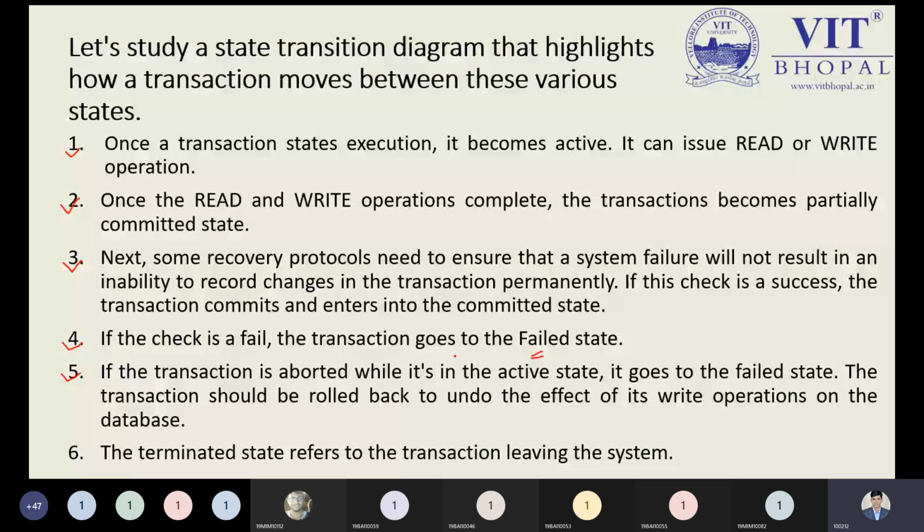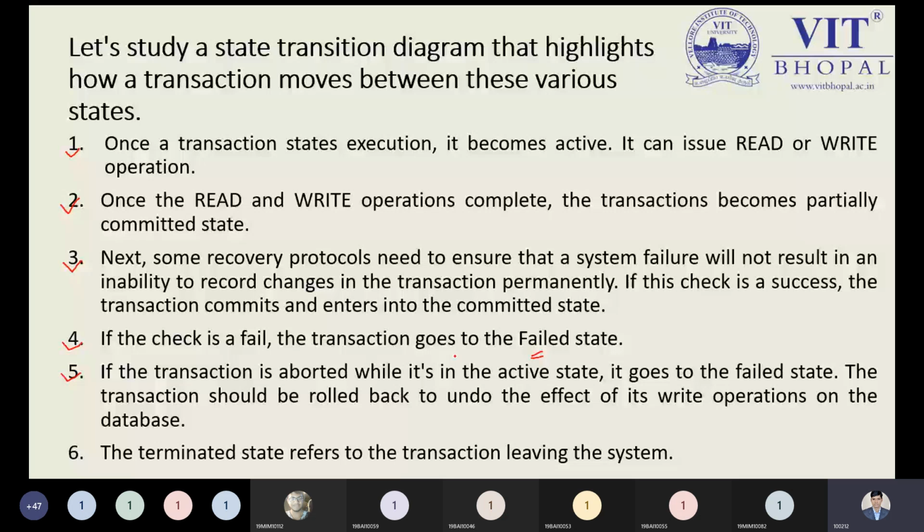Suppose you want to book your ticket, but you find you don't have a sufficient amount, then you will cancel your ticket booking before doing the payment. So we are avoiding such a transaction, and that is considered a failed transaction.